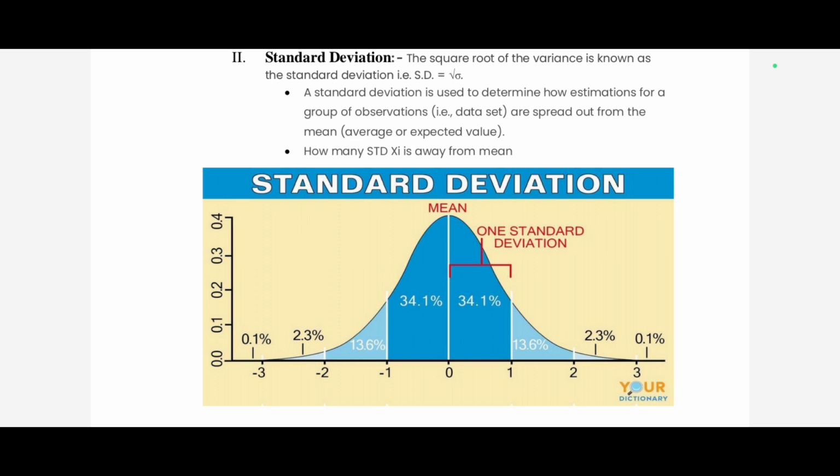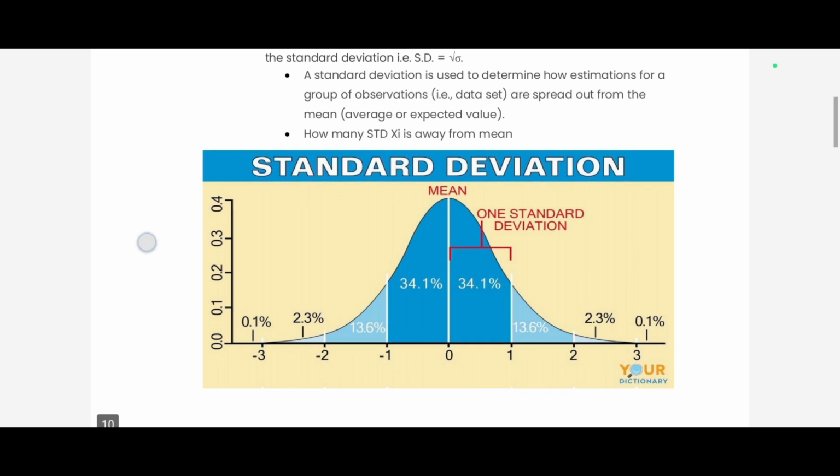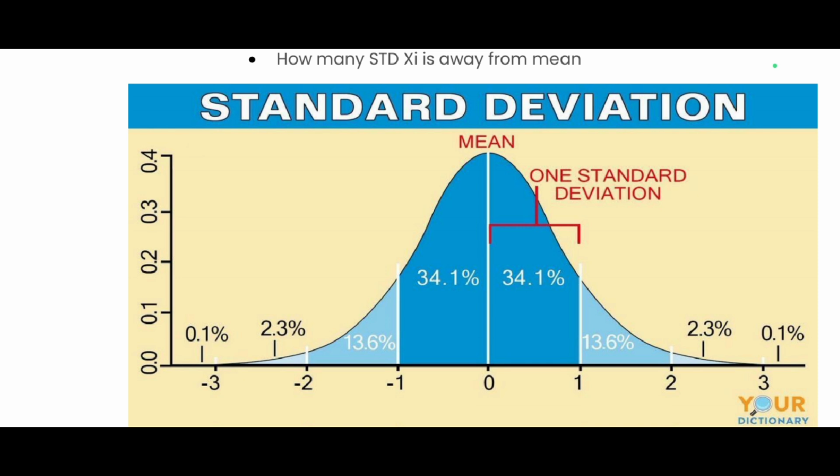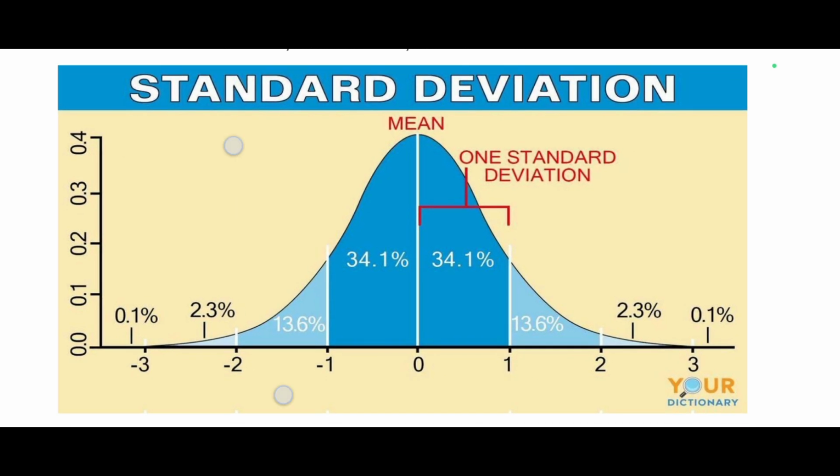Xi is away from the mean. If you consider data like this, you can have values deviating from the mean by 31.4 percent and 34.1 percent, minus and plus values also.